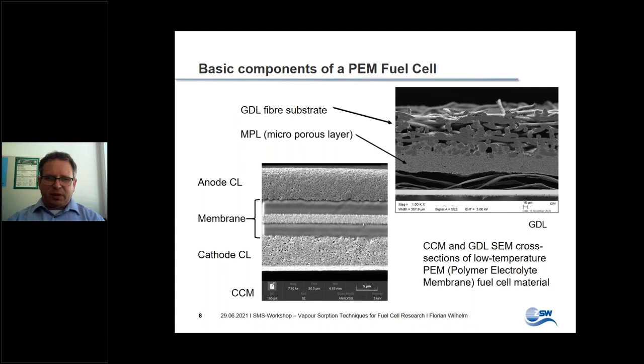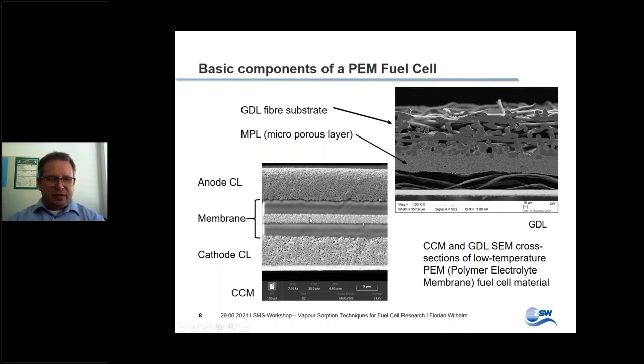Overall, the thickness of this material is maybe 150 to 200 microns, and it serves to distribute the gases over the complete area of the cells. So even under the ribs of the flow field, you have sufficient gas supply for the reaction to take place. That's the most important functionality. Of course, transporting the electrons is required, transporting heat, so a lot of functionality in one material.